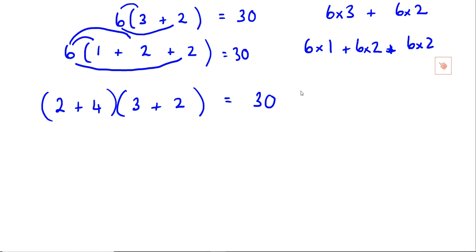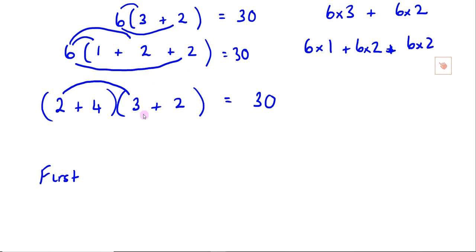Now, one way we do that is we can use ways to remember it. People say we've got to do 2 times the 3. So I'm going to multiply the 2 first numbers together.